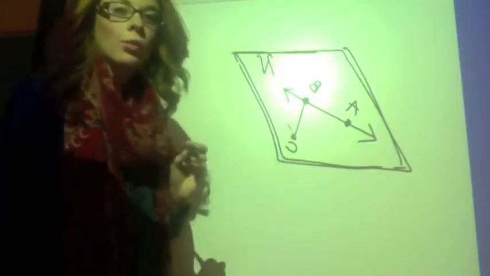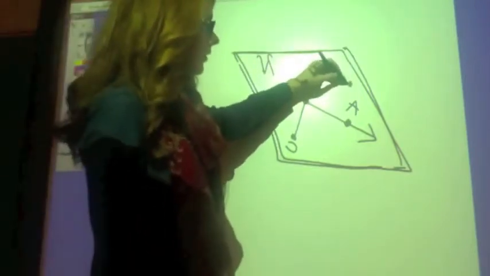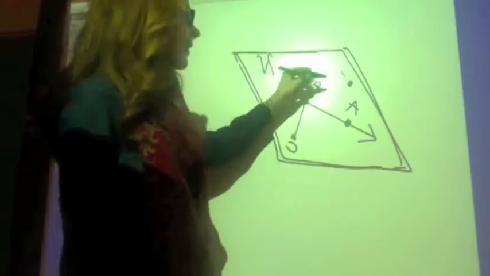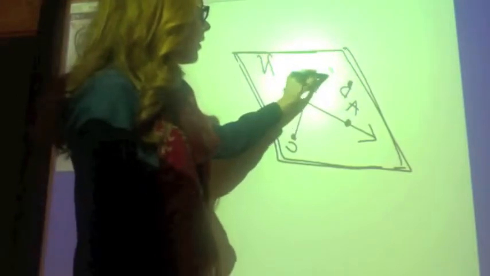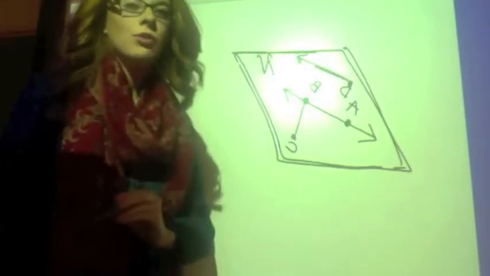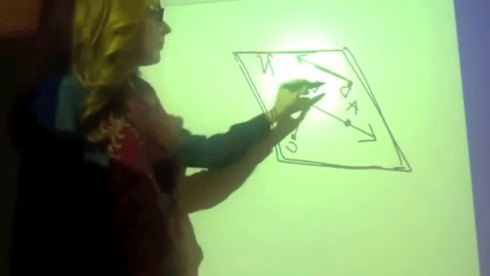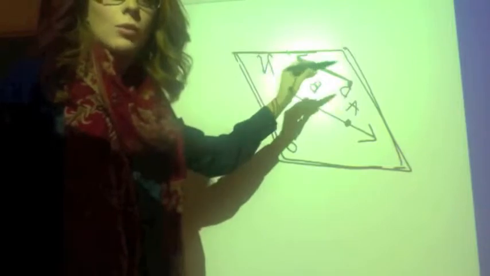We can also draw a ray. So a ray starts at one point. Let's call this point D. And it extends forever in one direction. So to show this, we use our arrows. So D goes infinitely in one direction.